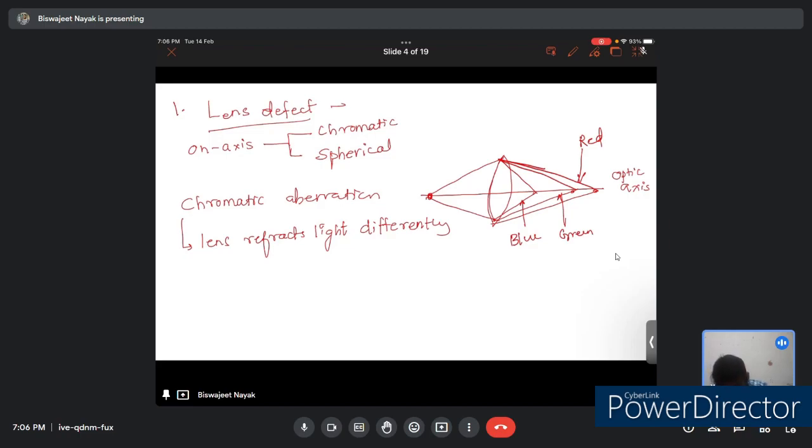So how can this be resolved? The solution is making compound lenses of glasses having different color dispersion. This is one of the solutions.